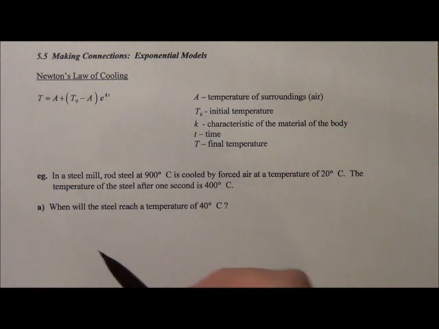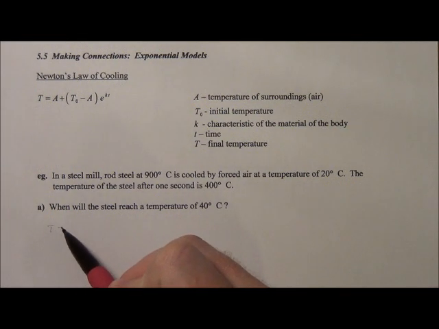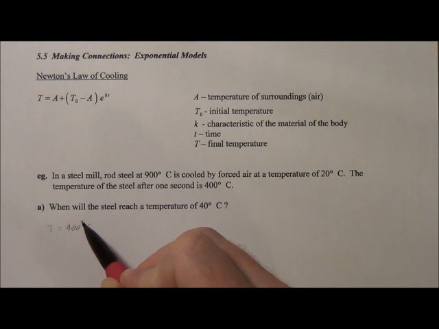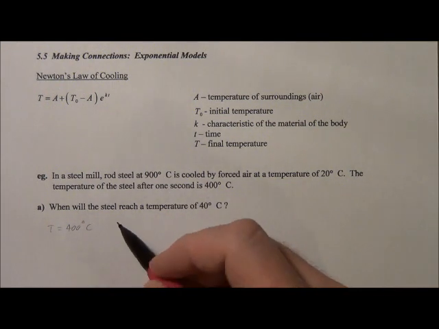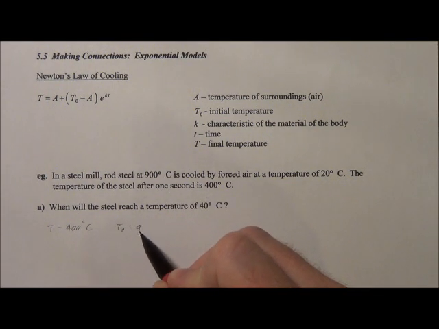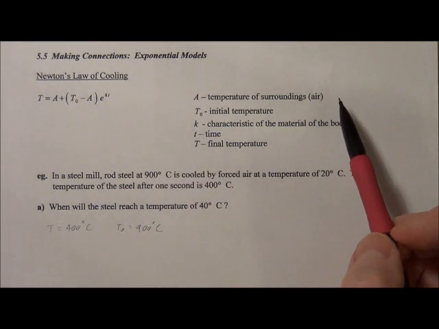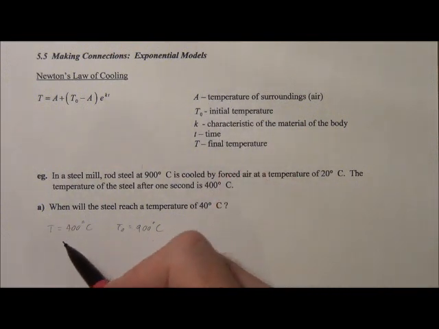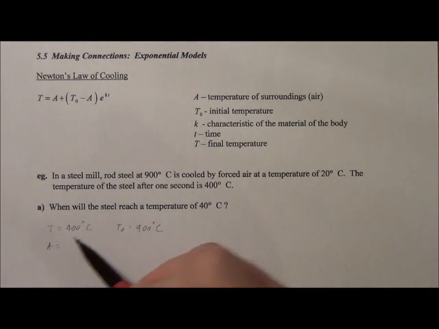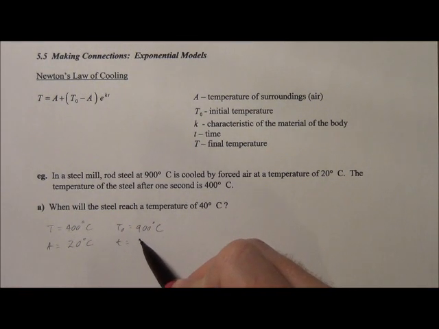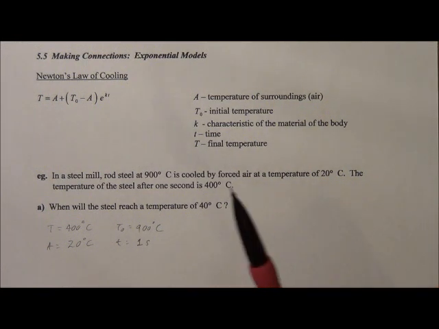So for this situation, we've got T is 400 degrees, we've got T naught, which is 900 degrees, we've got the surrounding temperature, which is the air, so A is 20 degrees, and we know the time of this little portion of it is 1 second.